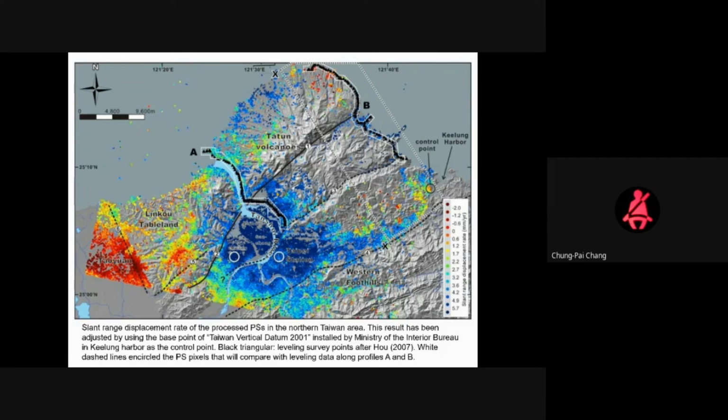And from our PS-Yin SAR result, you can see we compare along X to X prime. We compare the result from here, and we can compare with this B line, and see what we can see.